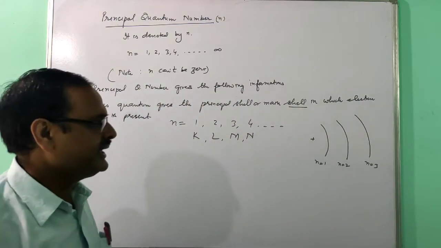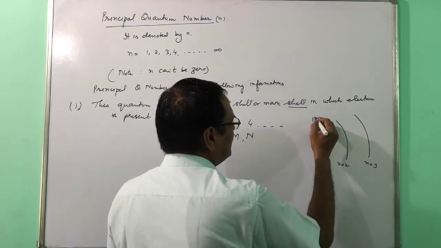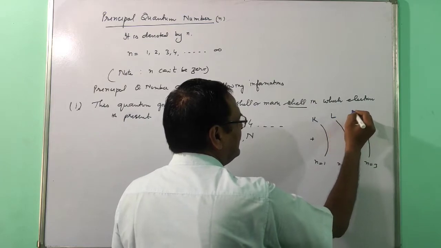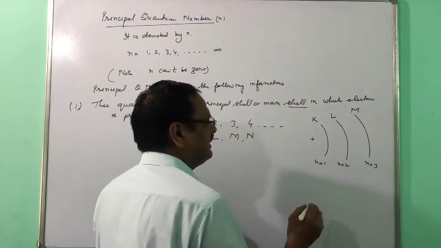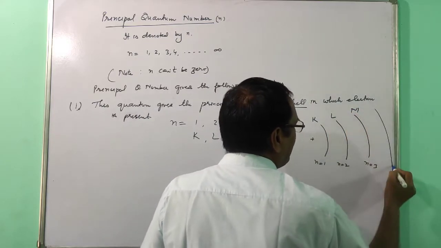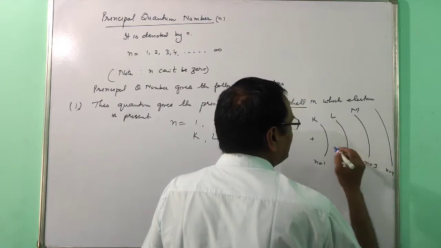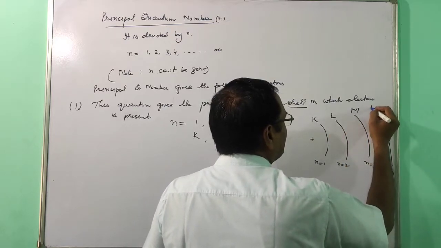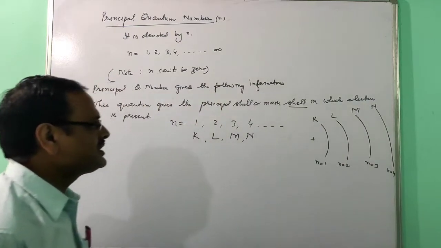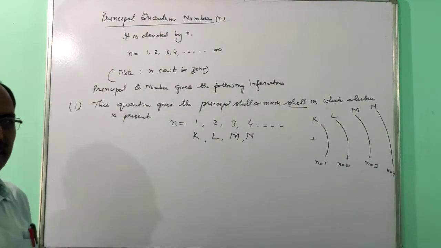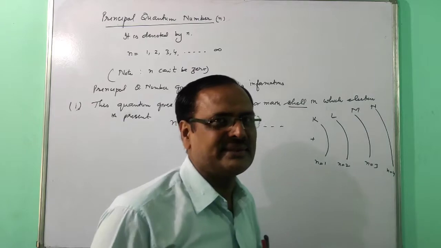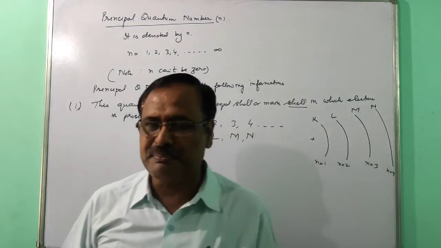If n is equal to 1, it shows the K shell, then L, M, N, like that. So from this principal quantum number, you are getting the main shell in which the electron is present.